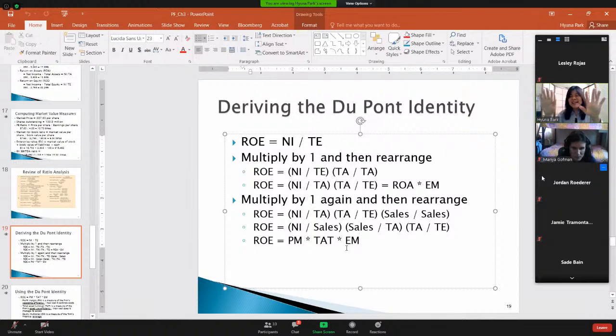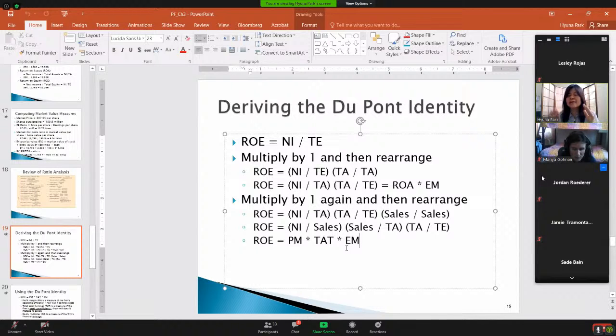So suppose you are looking at two competitors, their operations look exactly the same. Same kind of assets, same product, same sales, everything else is equal. But if one company is using more debt than the other company, then their return on equity will be different.